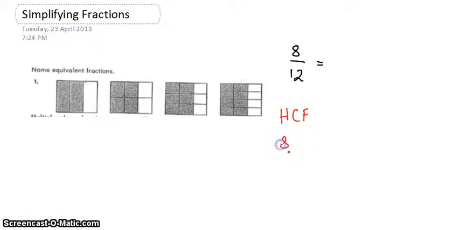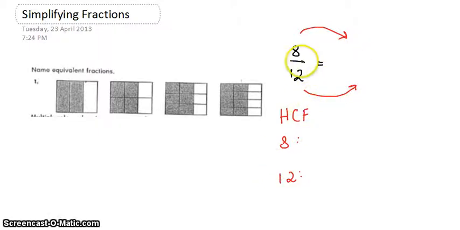Okay, so we have an 8 and we have a 12. And we use this highest common factor to divide the top and the bottom in order to find that lowest form.